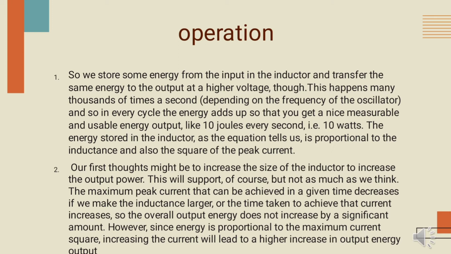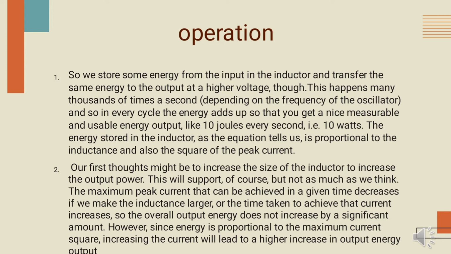As the equation tells us, the energy stored in the inductor is proportional to the inductance and also to the square of the peak current. To increase output power, our first step might be to increase the size of the inductor. This will help, but not as much as we think. If we make the inductance larger, the maximum peak current that can be achieved in a given time decreases, or the time taken to reach that current increases.